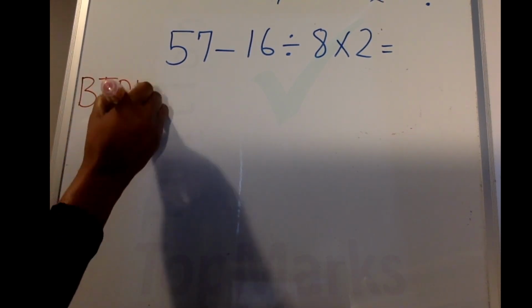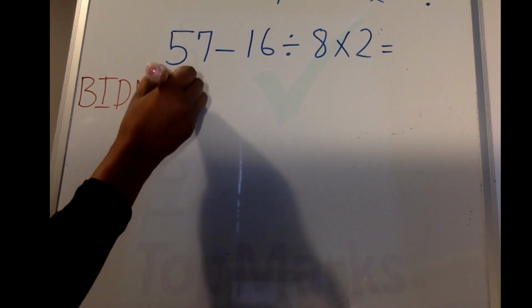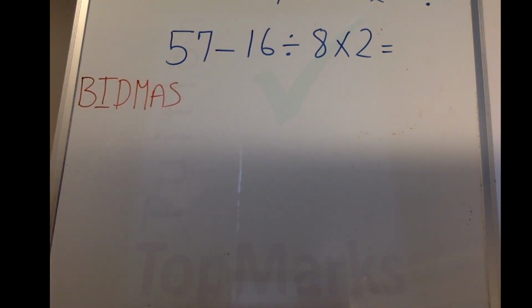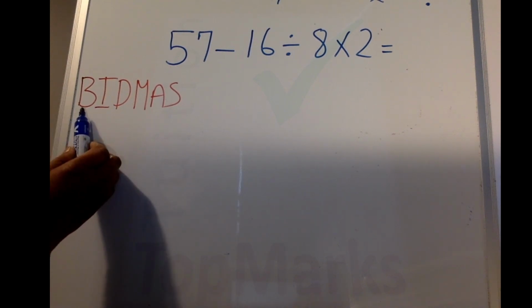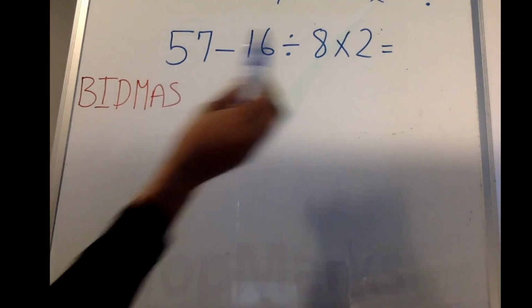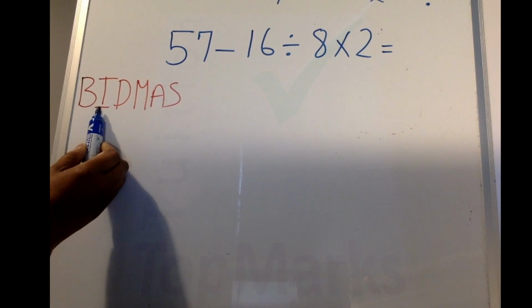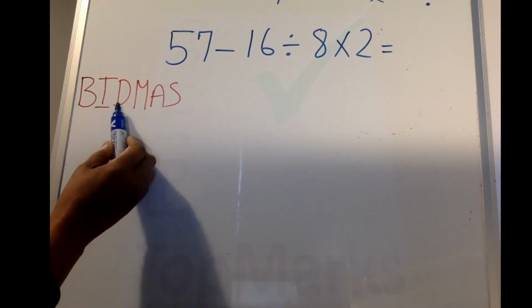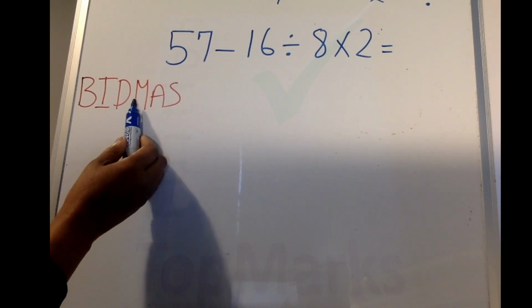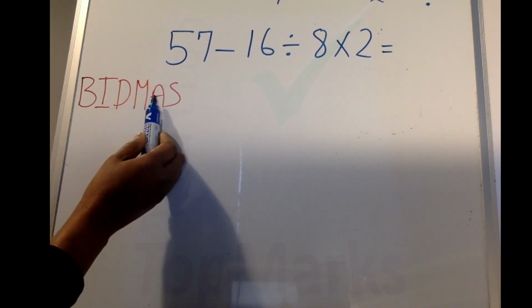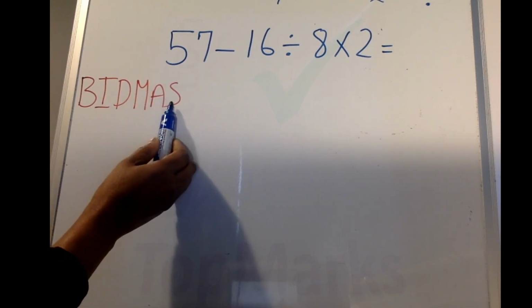It's always good to have a reminder. Okay, so according to BIDMAS, I would do brackets first. I haven't got any brackets. Indices next. I haven't got any indices. However, I do have a division and I do have a multiplication and I do have a subtraction.